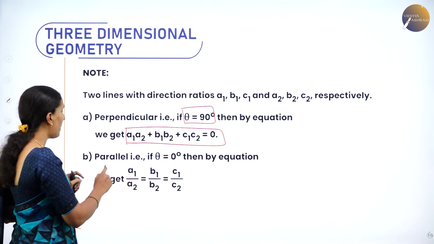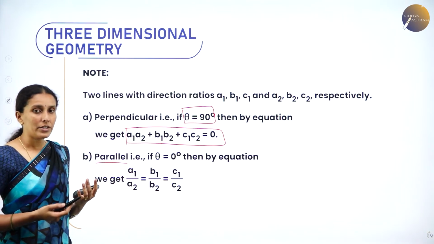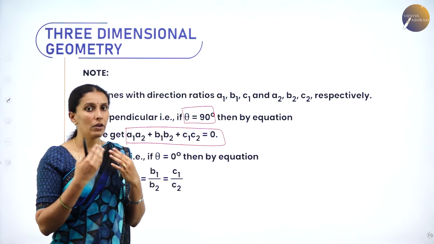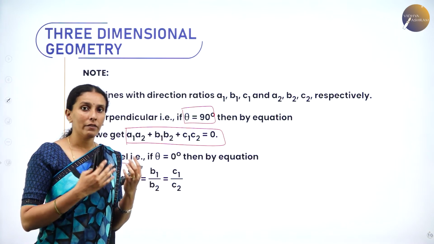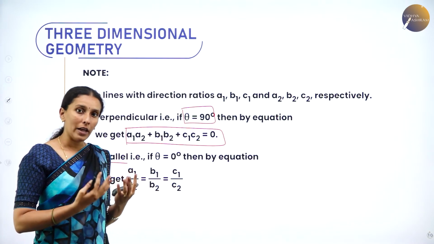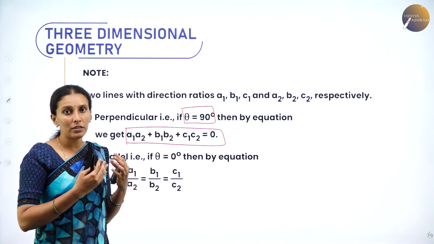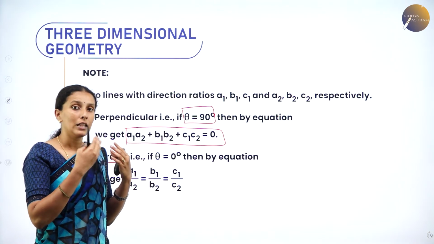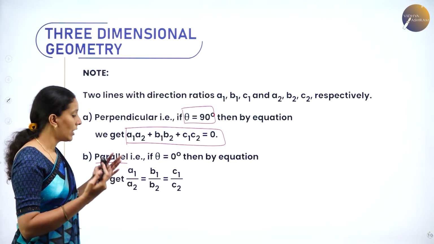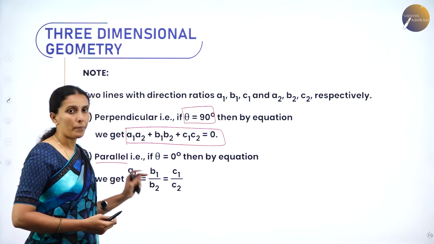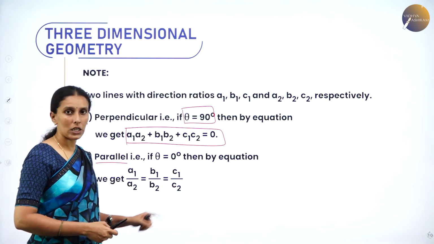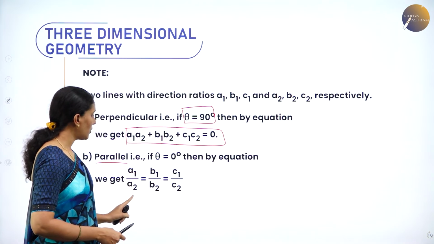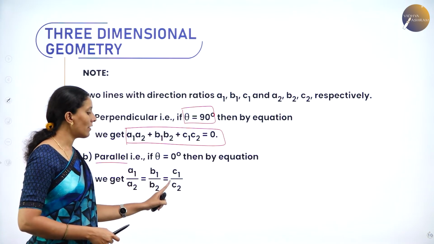Again, if they are parallel, every time I have said that whenever two vectors or two lines are parallel, or whenever you have to prove that three points are collinear, take them as two different line segments, then the ratio of the components must be equal. That is a1 by a2, b1 by b2, c1 by c2.